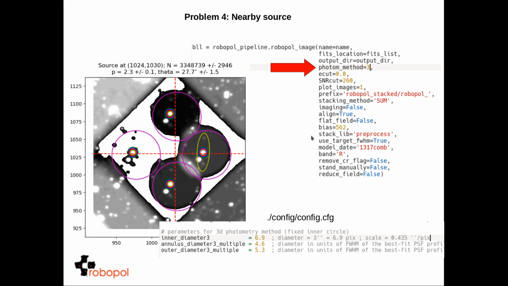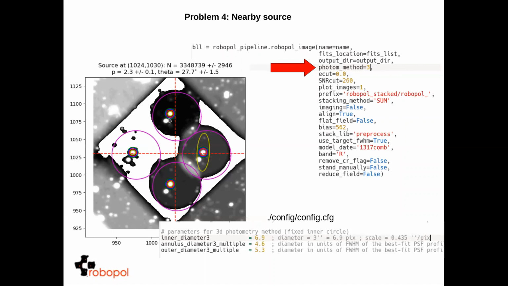And again, the best option to avoid all sorts of problems related to this, that I know, the only solution, is to set the photometry method 3, which, as you remember, sets the fixed aperture size for all 4 apertures, and set the desired aperture in arc seconds.